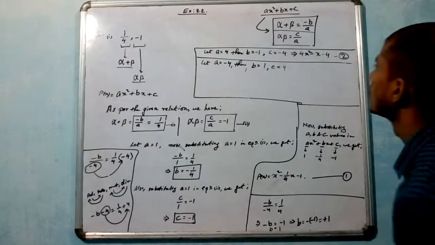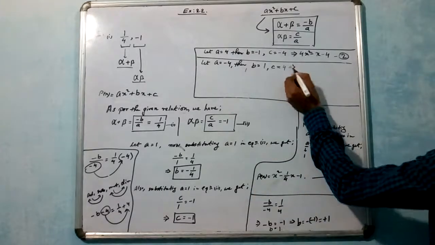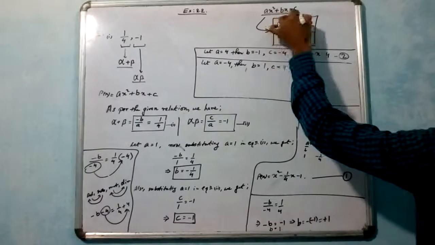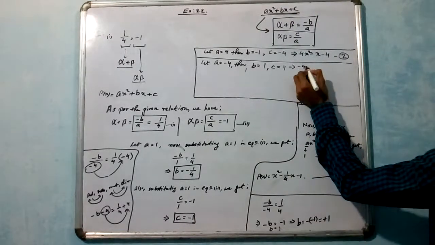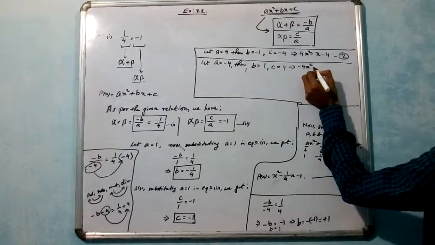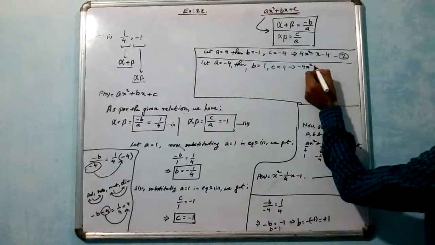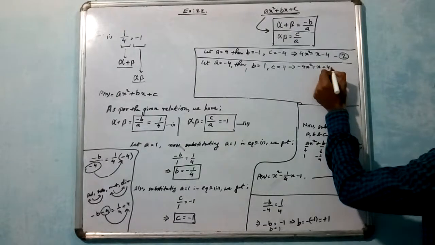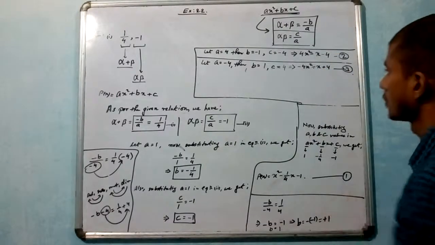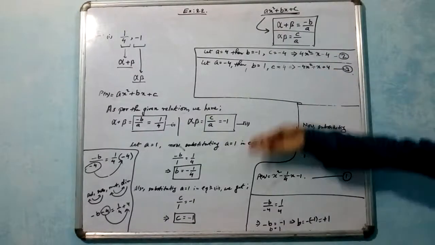Understanding? Now substitute in this to get this. How much? Minus 4x square, plus x, plus 4. Yes, this is the third polynomial that can be counted in the answer.